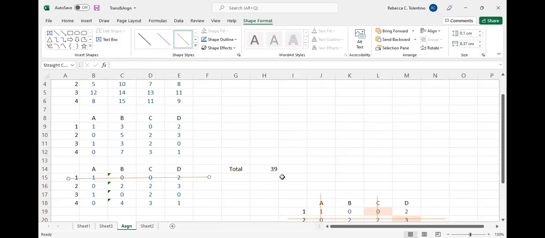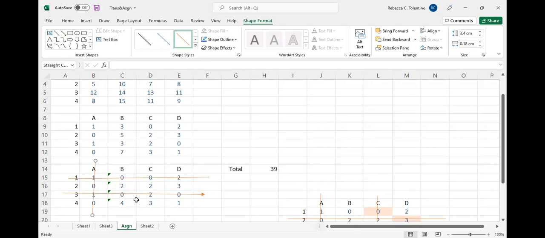Tapos, I need to cover 4 more lines. So, I'll use another line to cover row 3. Pero meron pa akong dalawang zero. So, I'll use another line to cover column A. So, I'm able to cover all the zeros by using 3 lines. So, hindi pa siya optimal.